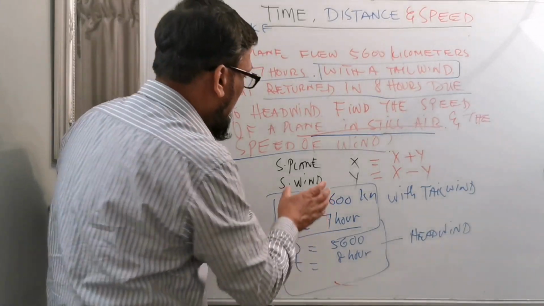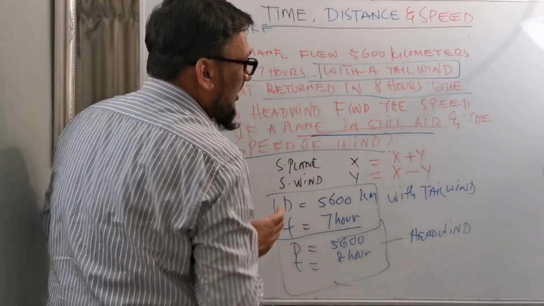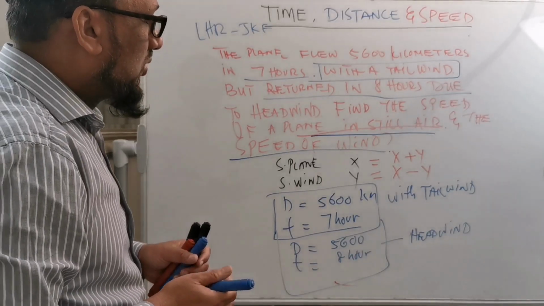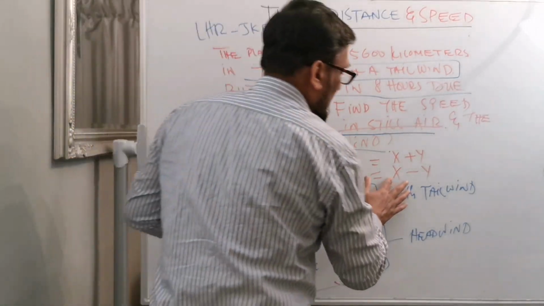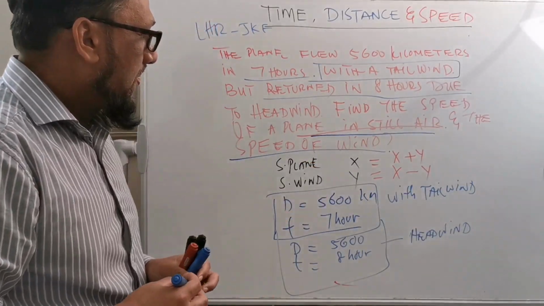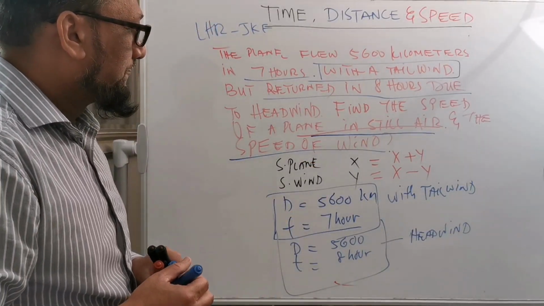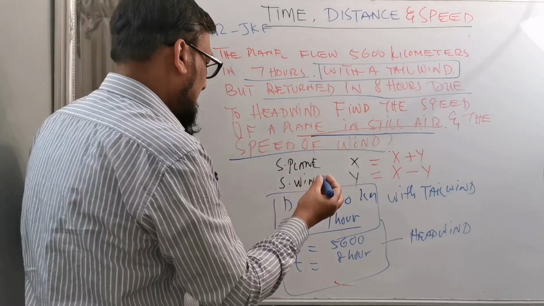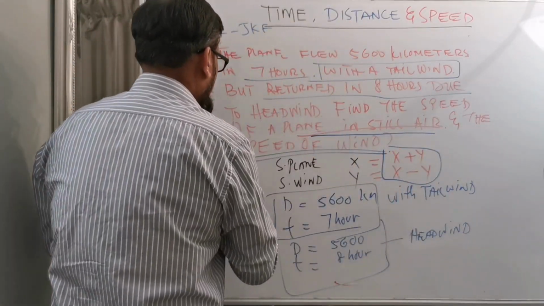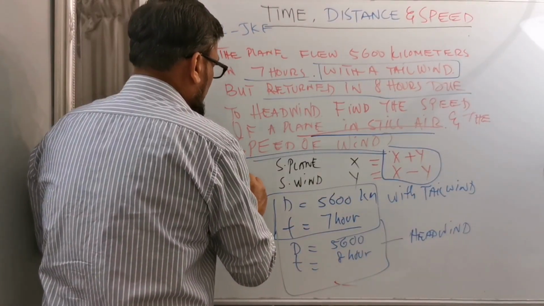And for without wind, I just subtract y, which is wind. So this is called S, speed.